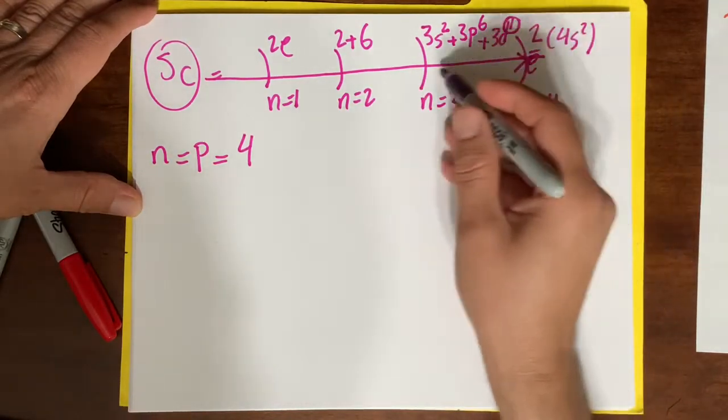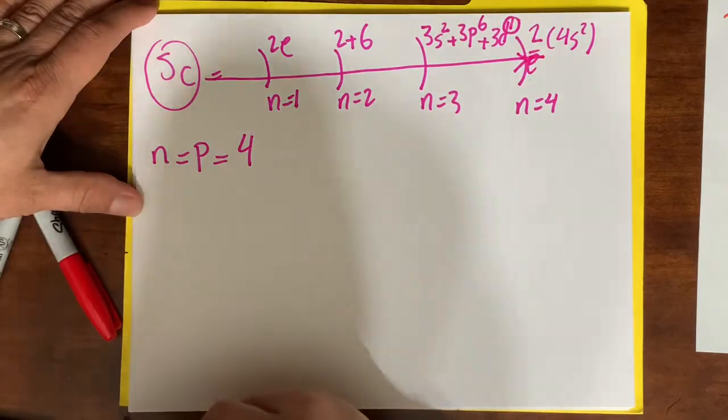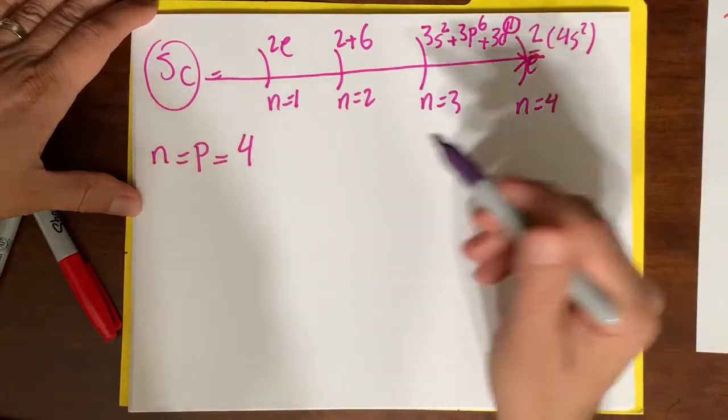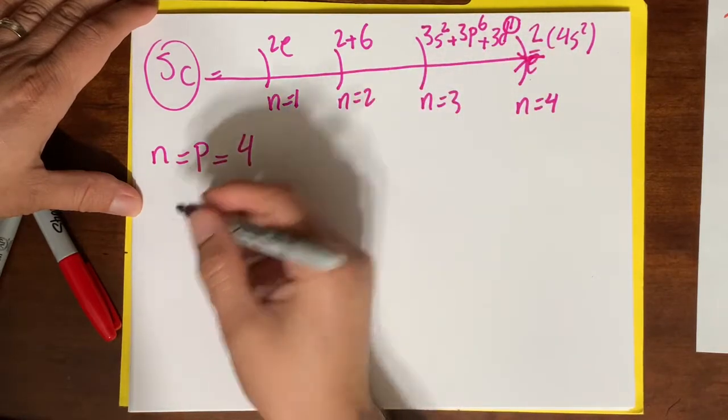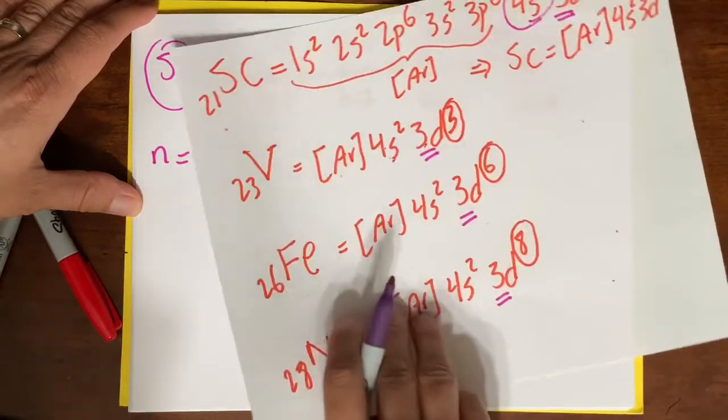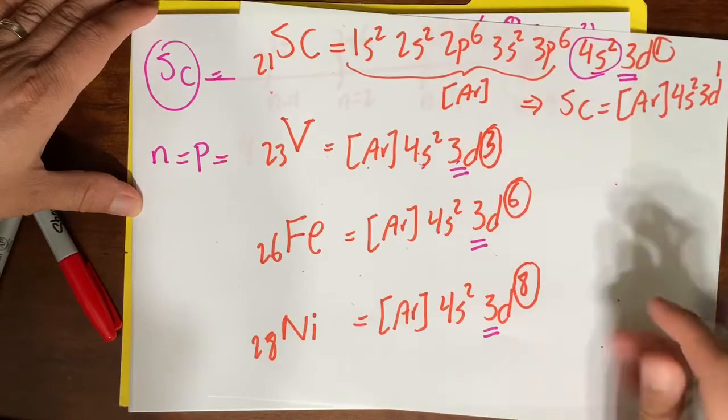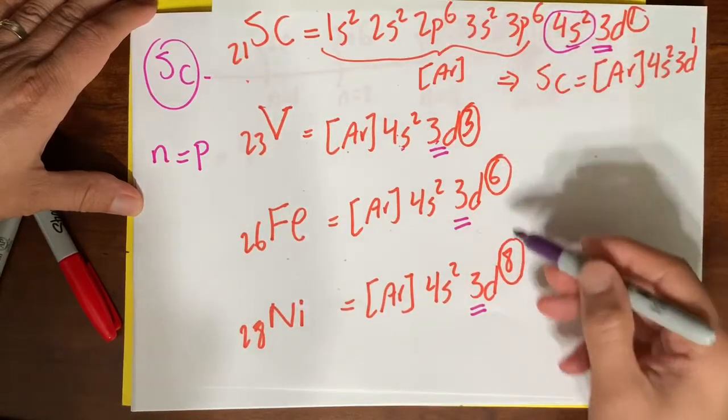And I added the electron to the inner layer. From this element that I picked, I keep adding electrons, but the electron is going to the d orbital.